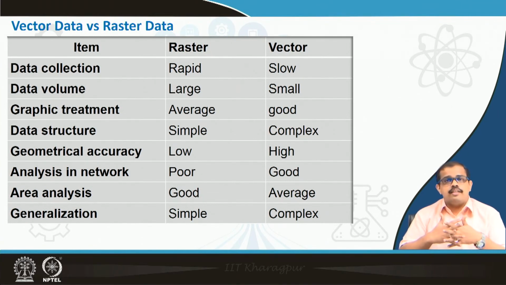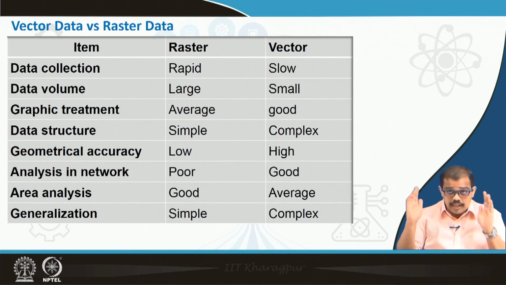So it is fairly easy to collect raster data. But vector data is extremely slow, because you should understand the quantities that are there on the ground and collect each and every quantity in terms of points, lines and polygons, each in a different layer. So that becomes extremely difficult in order to have vector data.